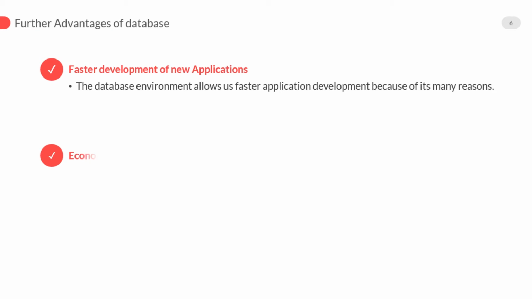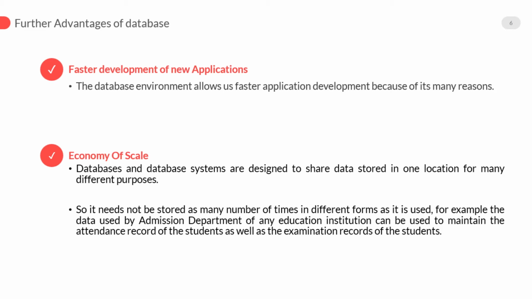Economy of scale. Databases and database systems are designed to share data stored in one location for many different purposes. So it need not be stored as many times in different forms as it is used.